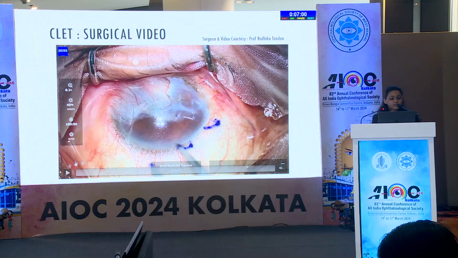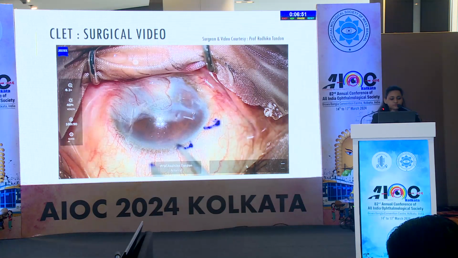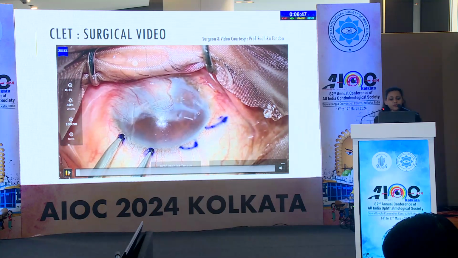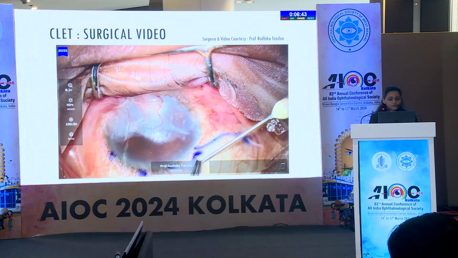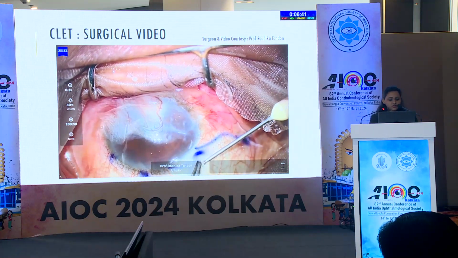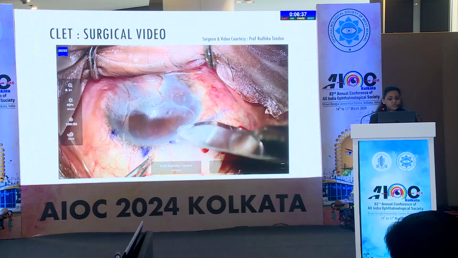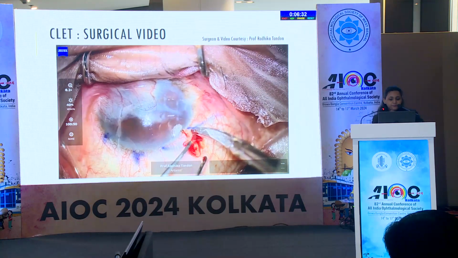I'll be showing the video of CLET surgery. Video courtesy is Professor Dr. Radhika Tandon. So here we are marking a 4 millimeter extent from the limbus, giving a subconjunctival injection, then excising 1 millimeter into the cornea so that we obtain maximum palisades.